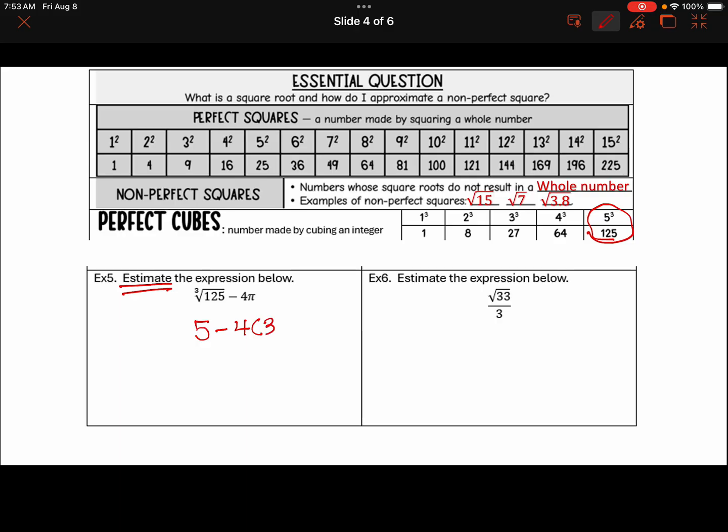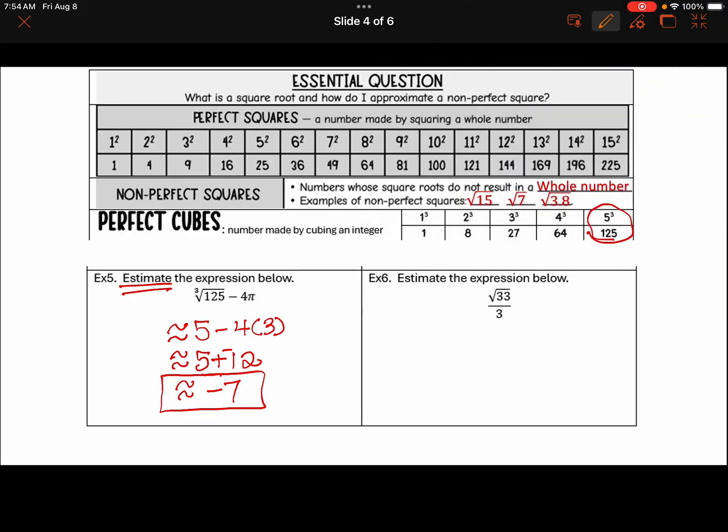So I'm going to say that's close to 3. Again, I'm going to use the two squiggles showing this is approximately, this is an estimate. So now order of operations, I've got 5 minus 12, keep change. I've got negative 7. So that is my estimate.